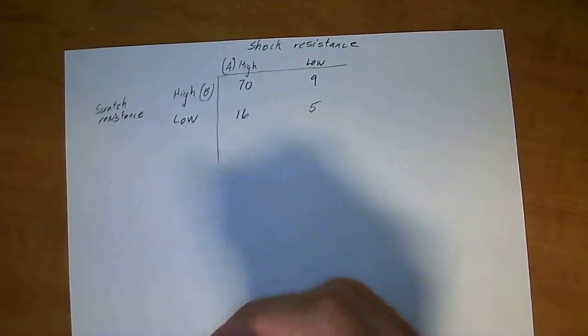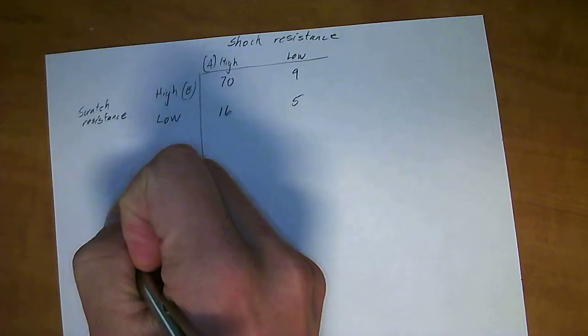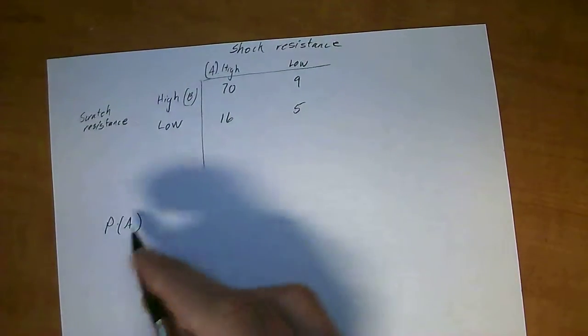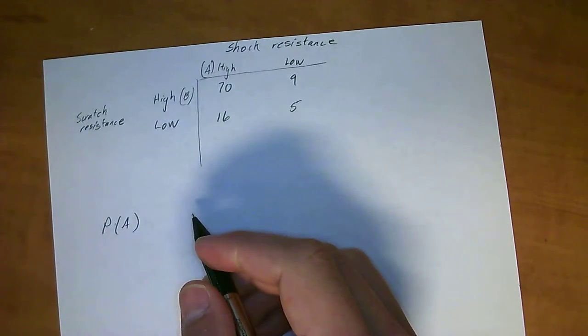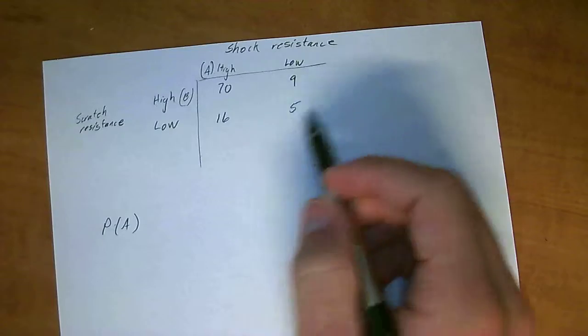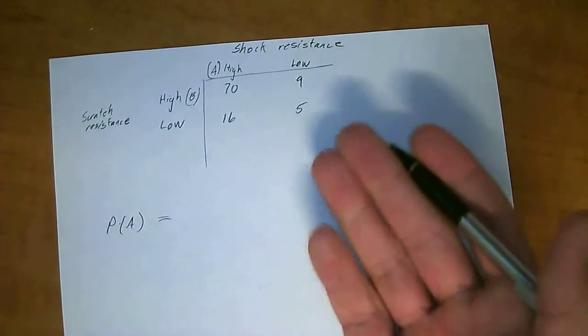So now we have to find probabilities for certain combinations from this chart. If we're looking for the probability of A, the probability of having a high shock resistance, we know that these values add up to 100. So that's going to be our total value out of however many will give us our probability.